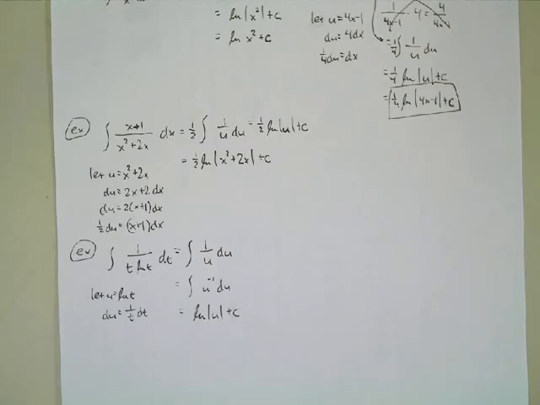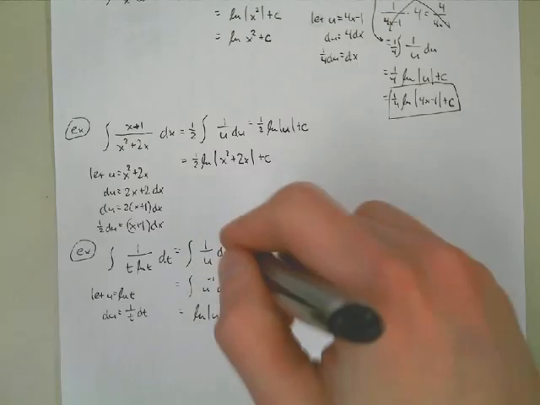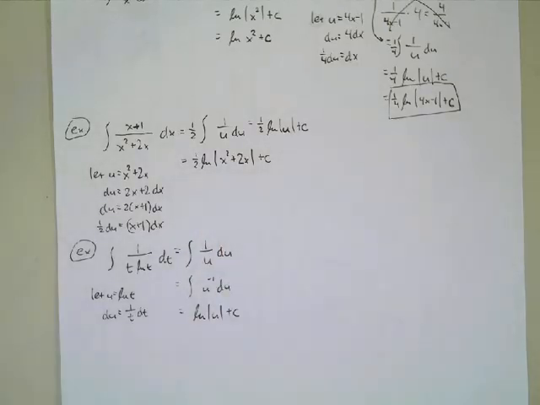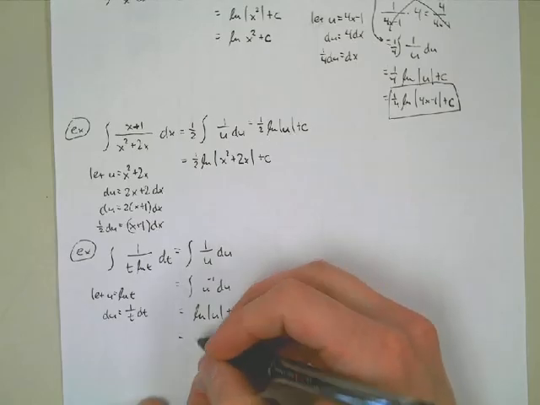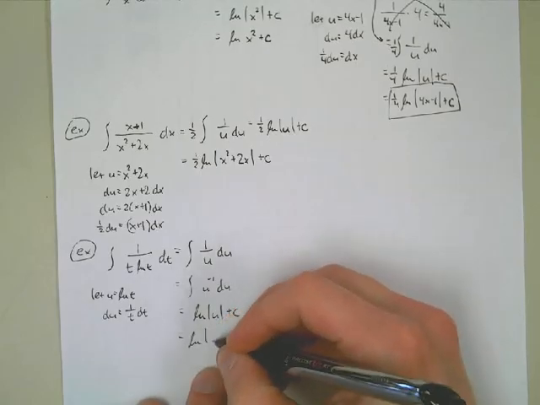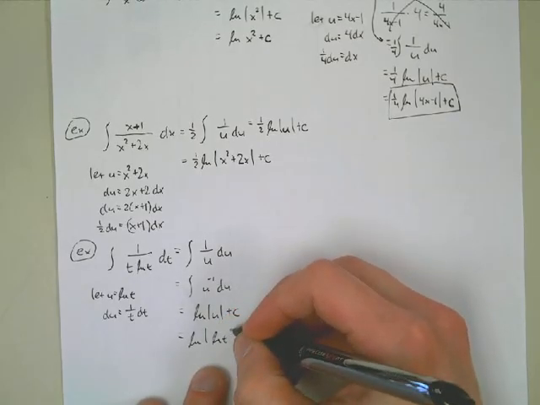And sometimes students rewrite 1 over u as u to the negative 1 and apply the power rule, but then you run into an issue: wait a minute, it's u to the 0? That doesn't make sense, because it's supposed to be natural log. So you can mix it up both ways, so be on your toes about that. Then our final substitution back in is the natural log of the absolute value of the natural log of t, plus c.